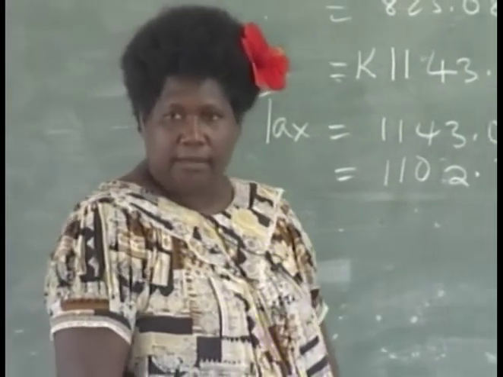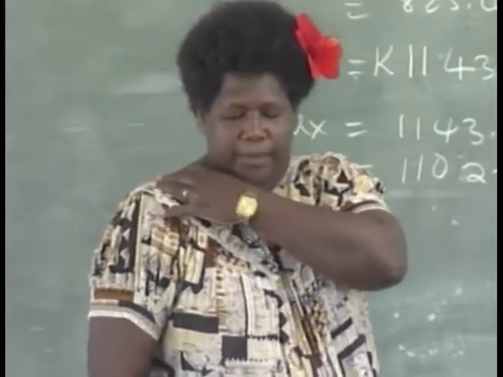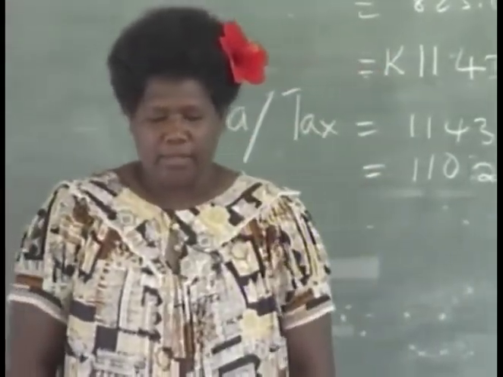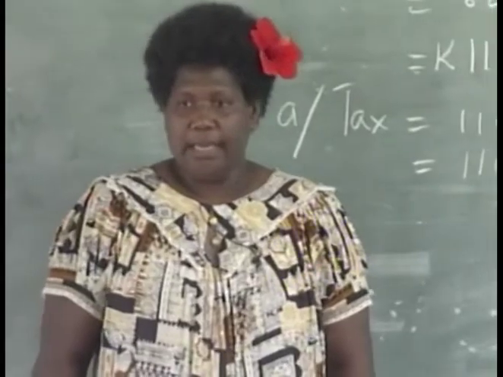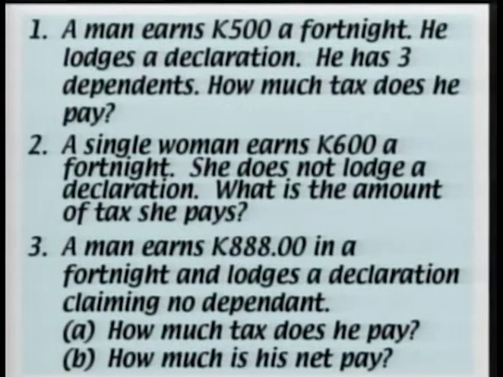Right, next one. Jake in your group, a man earns 888 kina in a fortnight and lodges a declaration claiming no dependents. How much tax does he pay? Siegfried. 246 kina 46 toya.